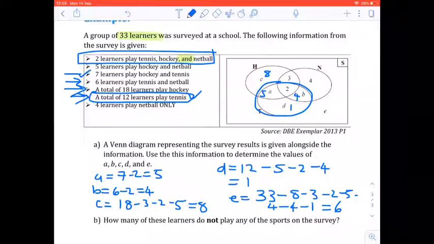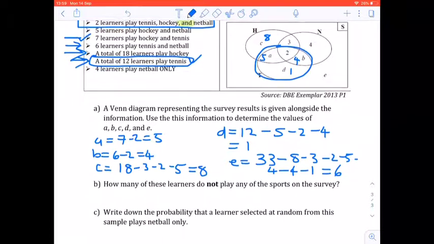If you were given that, that's also a key piece, as well as the total of the entire set. And then you would work from the inside outwards. And like I said earlier, if you don't have enough information, you can use a variable, substitute the variable in, and based on the given information in the question, you can make equations to solve for it.